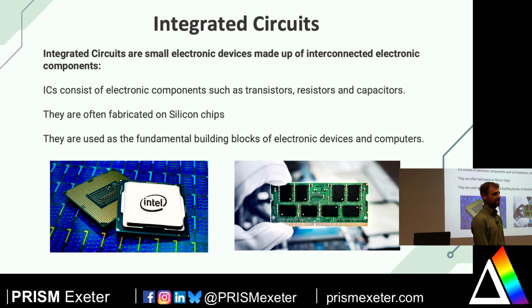The other thing I briefly wanted to talk about is how this kind of stuff is arranged in a computer. So typically, a computer system is made up of lots of little electronic devices called integrated circuits. These are generally packages of electronic devices that all have a certain function or purpose.